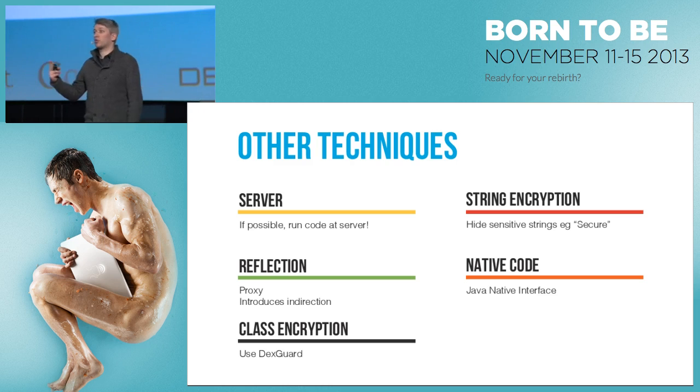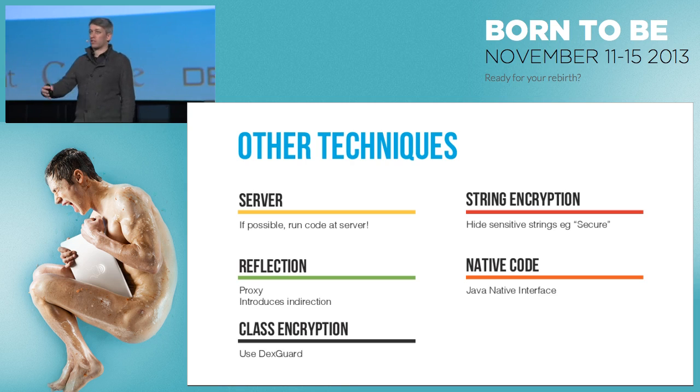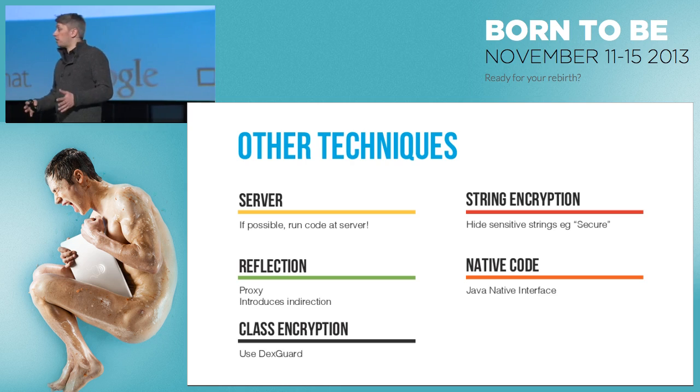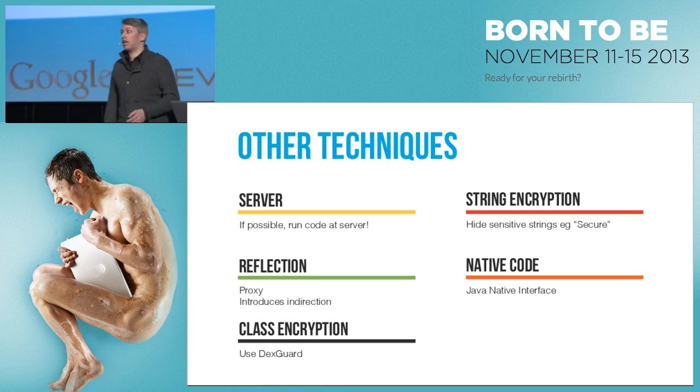Wouldn't it be possible to run my very sensitive, very secure logic on a server? Then you have already mitigated the whole risk of people taking a look into your application. So if it's possible, always try to make sure that you run your code on a server. That will make it much harder for bad people trying to take a look inside.